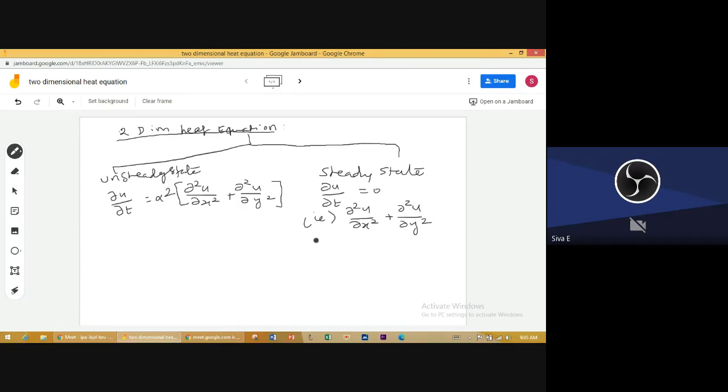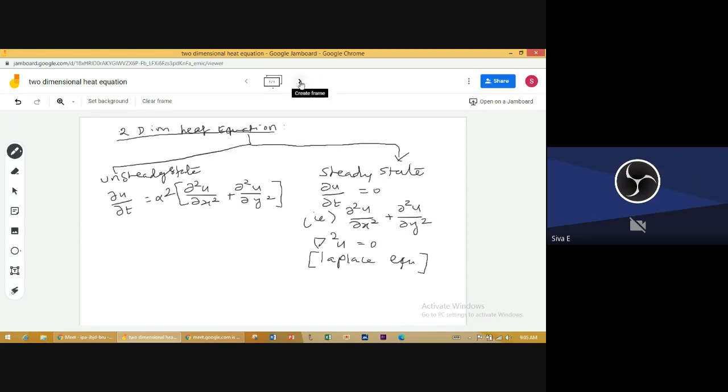This can also be written as del square u equal to 0. This equation is called Laplace equation. So throughout the chapter, we will consider only the steady state conditions of the two-dimensional heat equation.